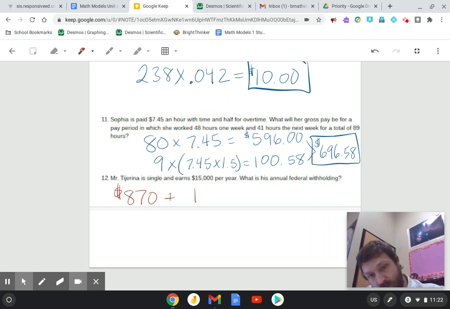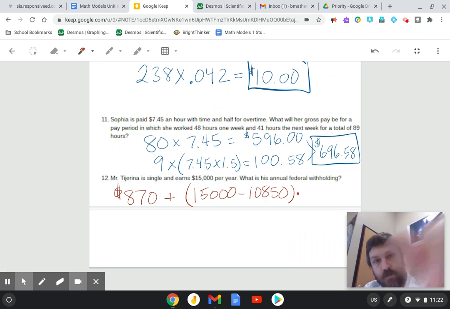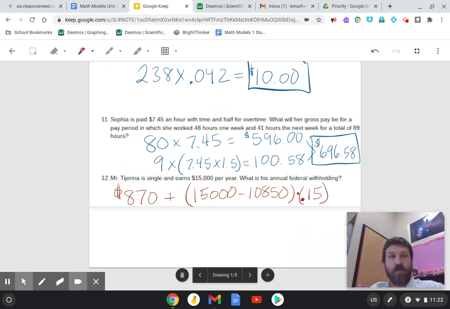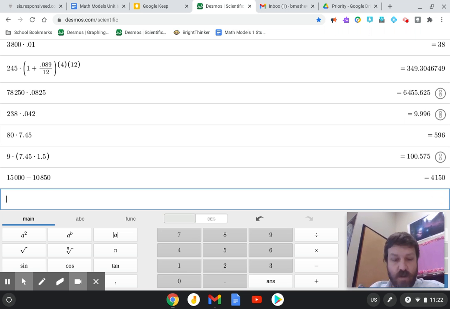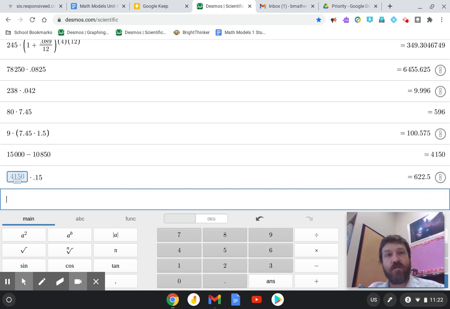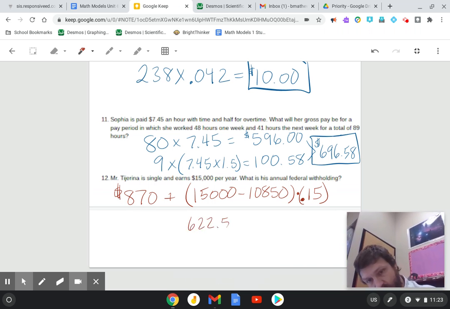So we need to take $15,000 minus $10,850 and then multiply that answer times 15%, 0.15. So that's what we do. So we're going to do 15,000 minus 10,850. Answer times 0.15, 622.50. So that's going to be 622.50.